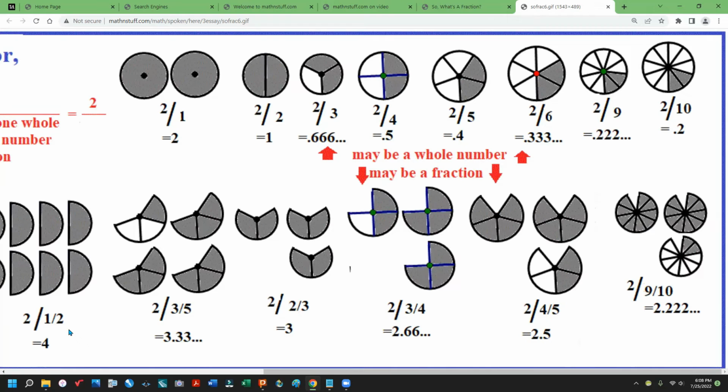Too fast, too much. Let's slow down and look at it again. We increased the number of pieces in 1 whole. And in doing that, we decreased the size of the piece.